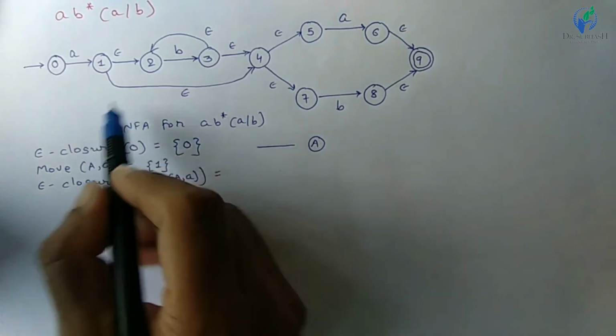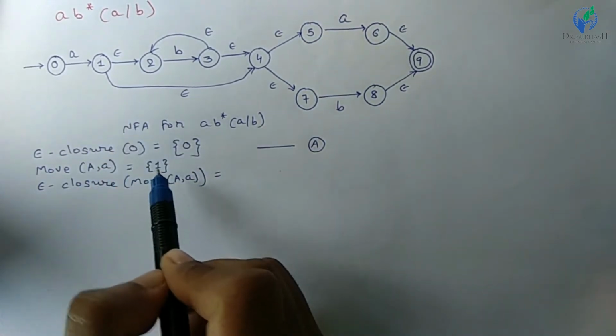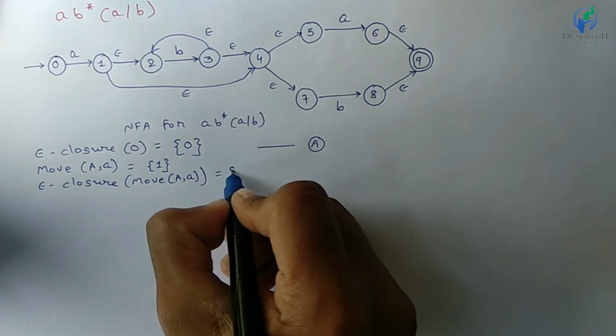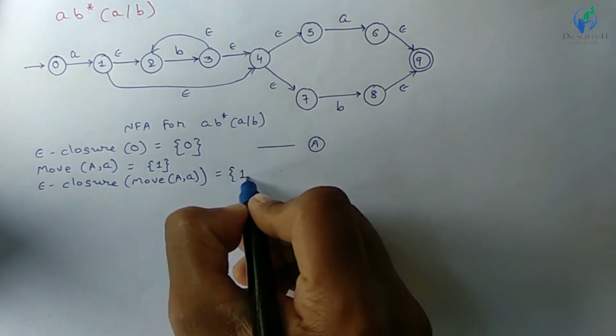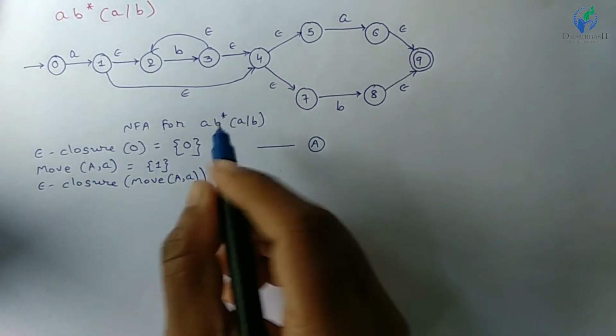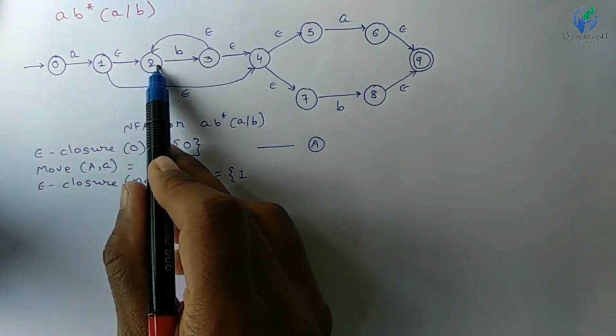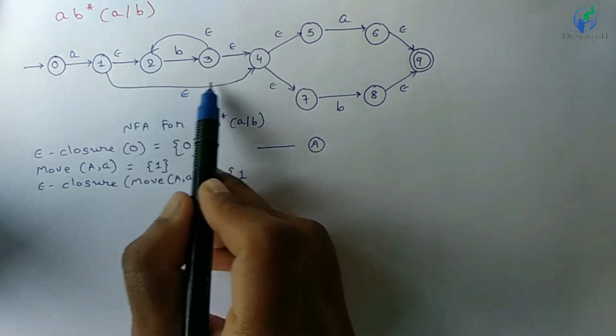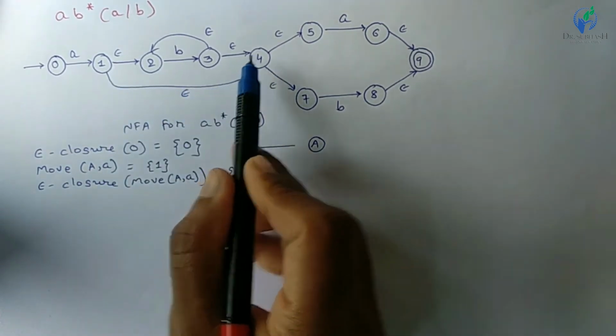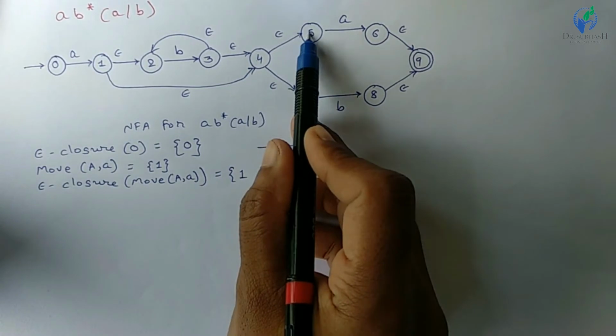So find epsilon transitions from 1. First write 1 itself, then any epsilon transition from 1? Yes, there is 2. From 2 any epsilon transition? No. From 1 any other? Yes, 4.